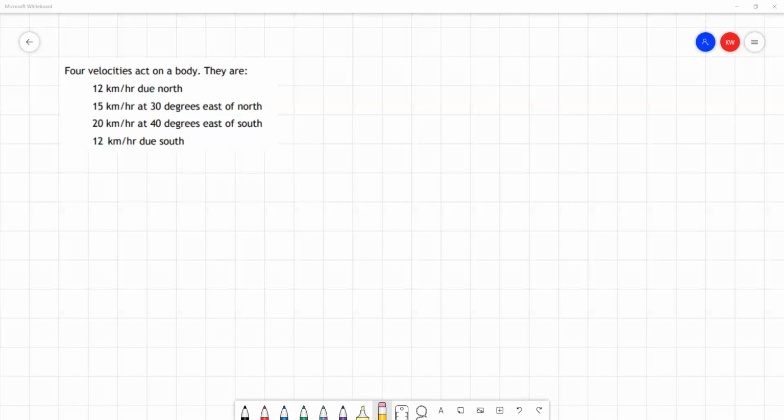Let's take each vector in turn, and to keep us right, I'm going to number each of our vectors, and I'm going to draw a little space diagram as well, just to make it nice and clear which way all our vectors are pointing.